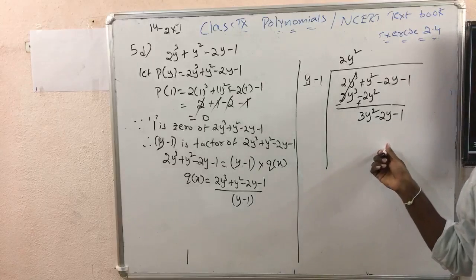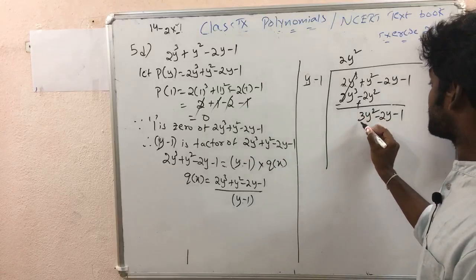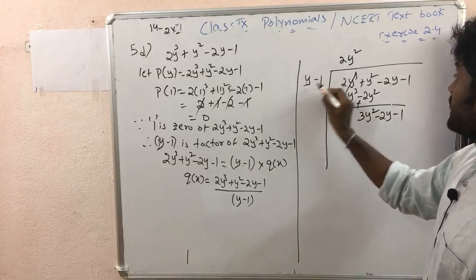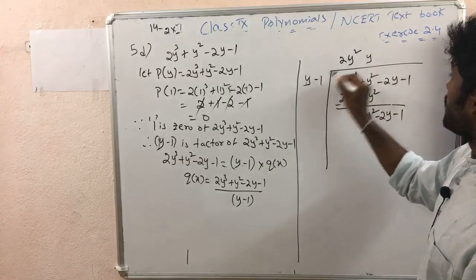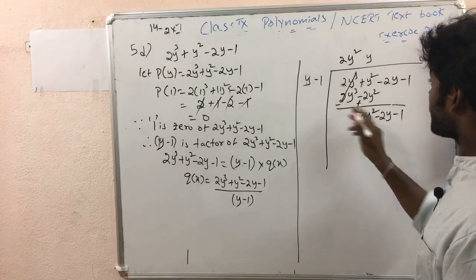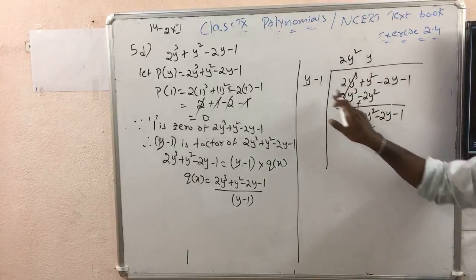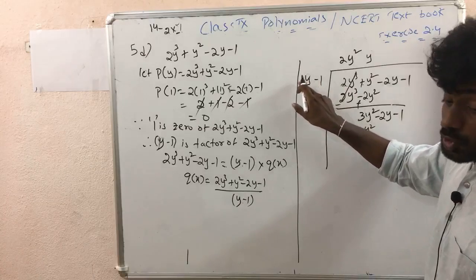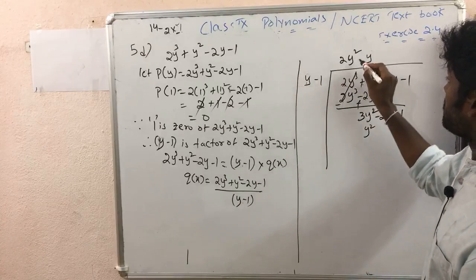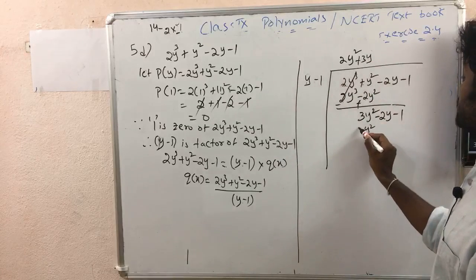And in the second step, again concentrate on the first term itself, that is nothing but 3y square. Already y is here, so y into y, you are left with y square. Write like this, then it is very easy for you. Y into y square, then what is the quotient? 3. So your quotient is 1. What should be multiplied to get plus 3? 1 into plus 3, you will get 3 here.